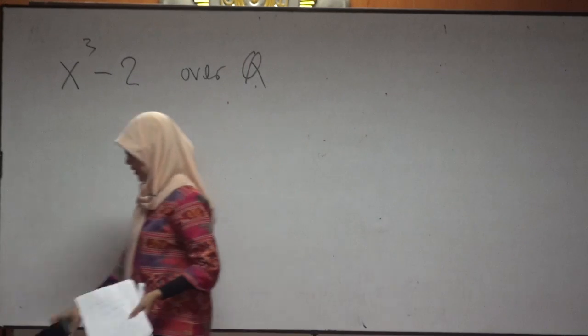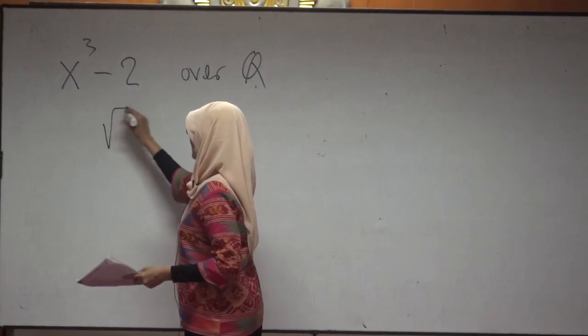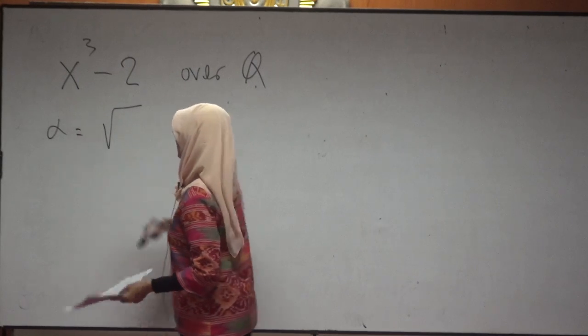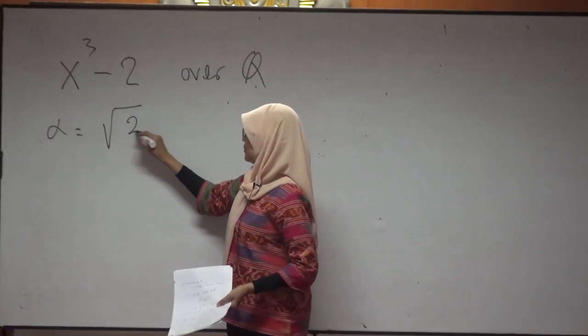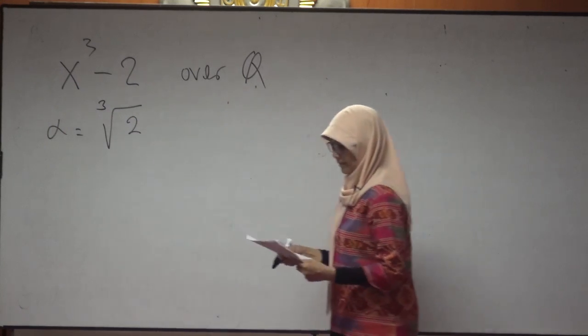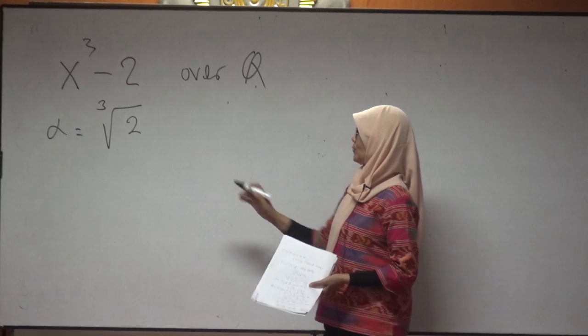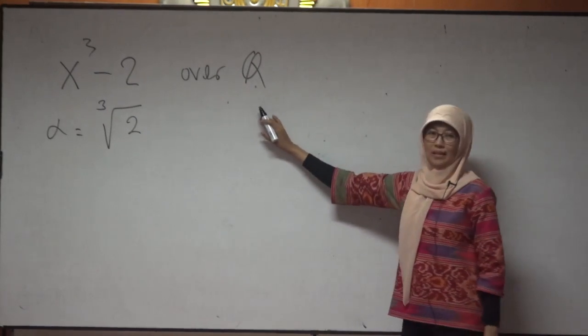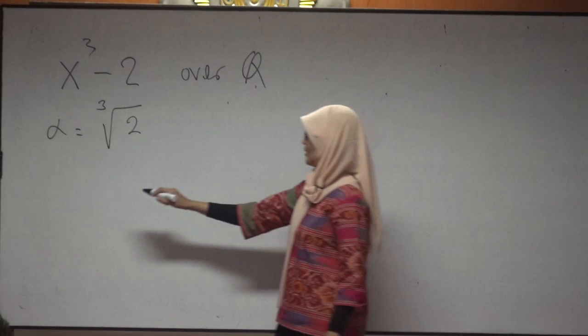We know that one of the roots of this polynomial is, call it alpha, for example. This is the third root of 2. This is in the real numbers. But actually there is another root of this polynomial, but not in this field.